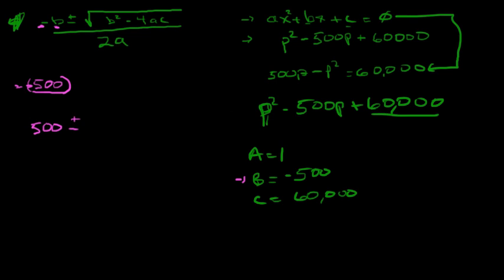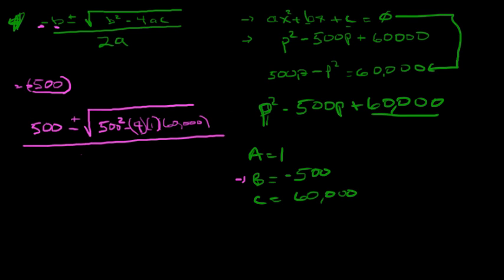Plus or minus, and that's going to give us the two answer choices, or the two answers. 500 squared minus 4 times A, which is 1, times C, which is 60,000, all over 2A, which is 1.